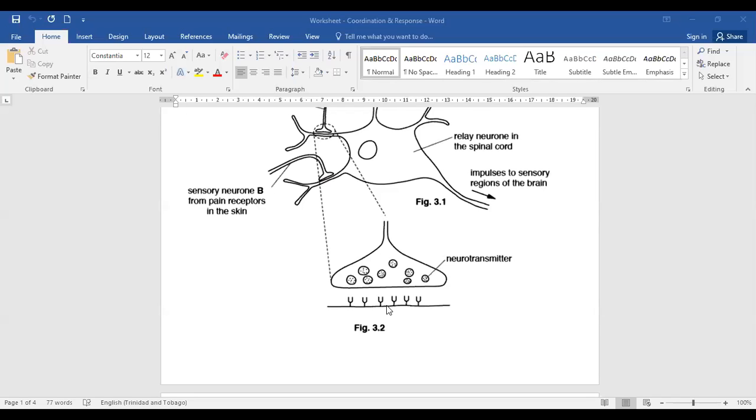It has to do with the receptor cells and the vesicles, the neurotransmitter vesicles. And it also has to do with location. So what do y'all think?